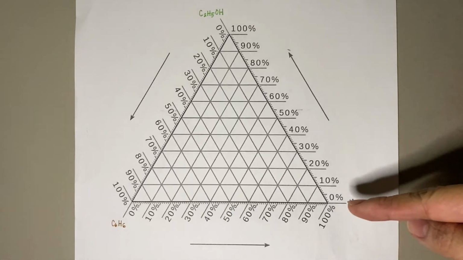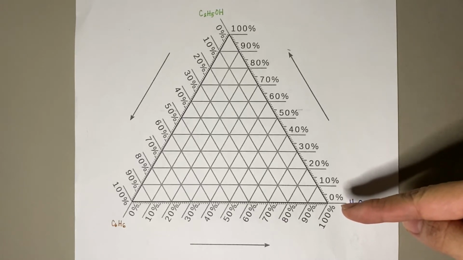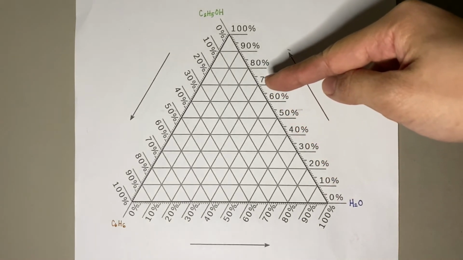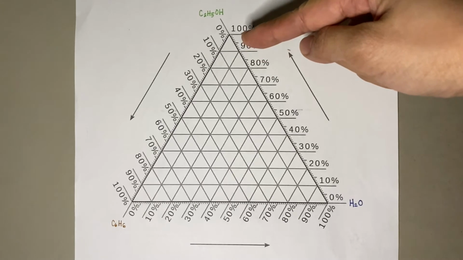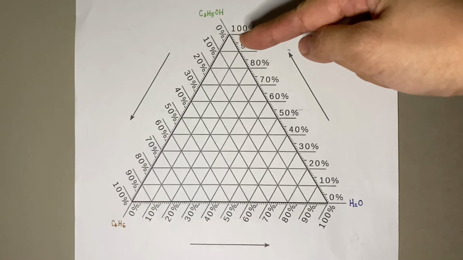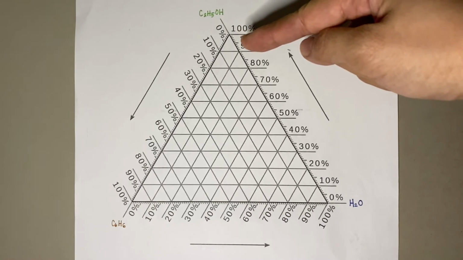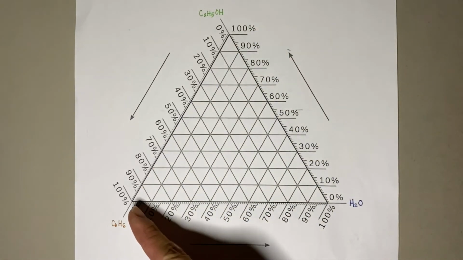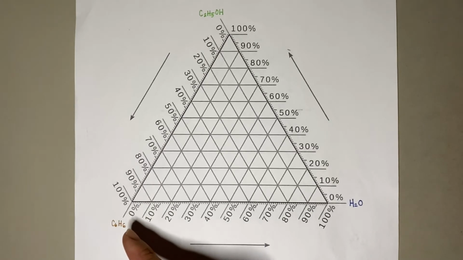Now, on the right side of our Stokes Roozeboom diagram, we start from the bottom, which is labeled 0%, and as we go upward, the concentration of ethanol increases up to 100% ethanol or pure ethanol. And on the left side of our Stokes Roozeboom diagram, we start with 0% on the top, and as we go down, we go to 100% or pure benzene.